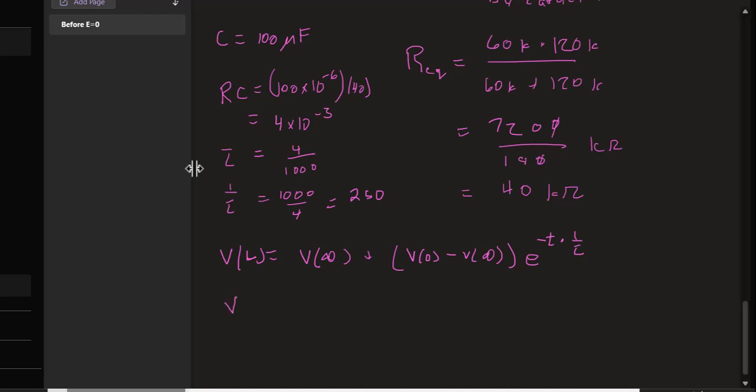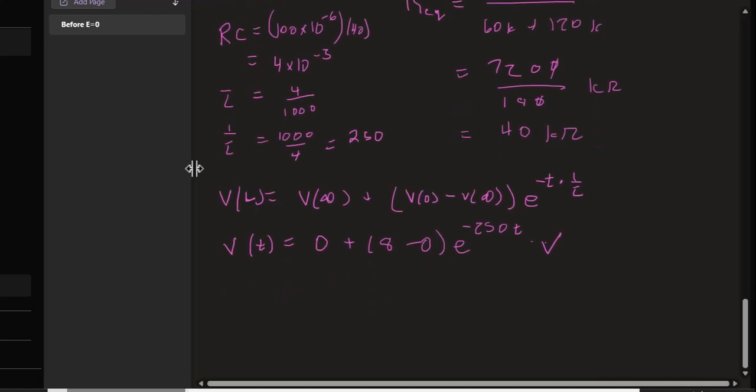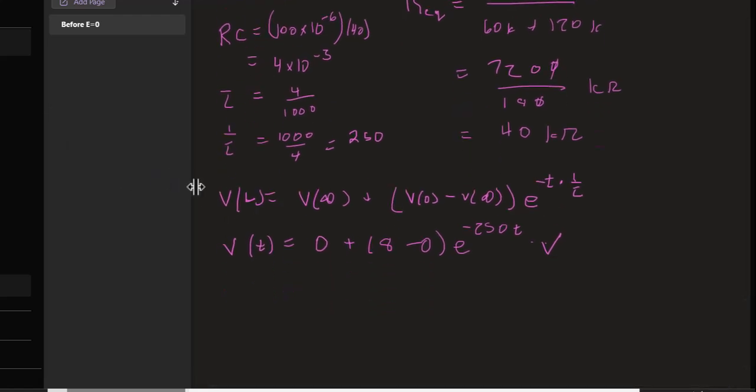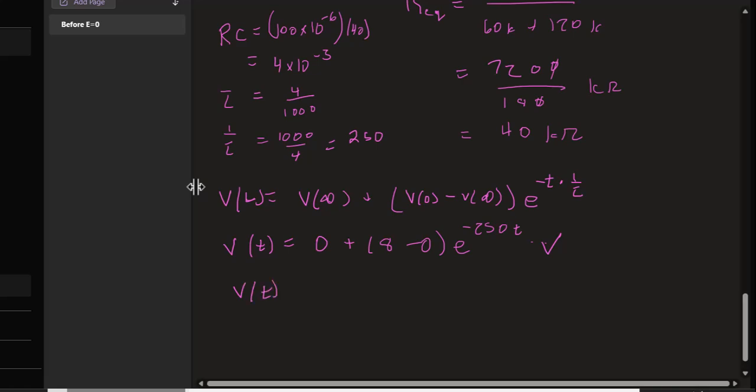So then my v of t is 0 plus 8 minus 0 times e to the minus 250 t, and my answer is going to be in volts. So v of t is 8e to the minus 250t volts.